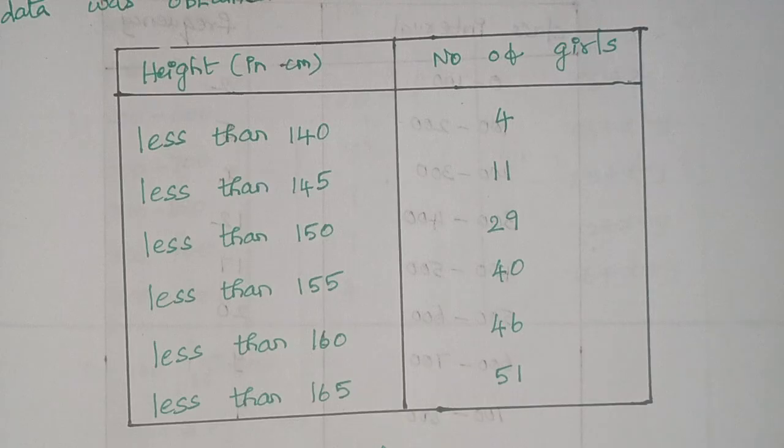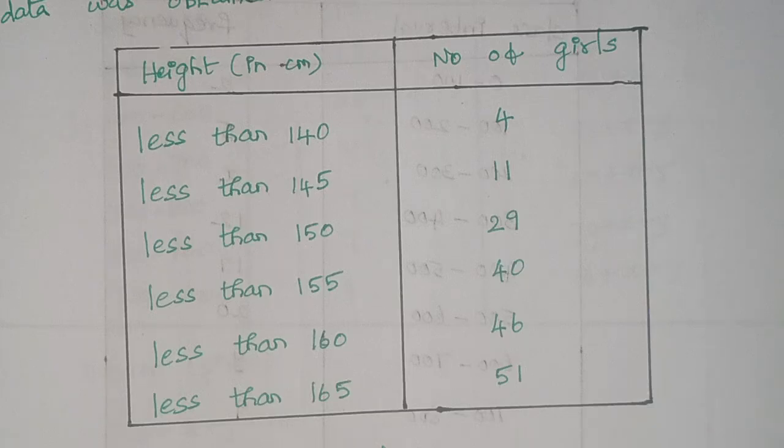Whenever the values are given like this, always keep in mind the given data is cumulative frequency and not the frequency. Cumulative frequency is where we are continuously adding up the values, whereas frequency will be totally different.